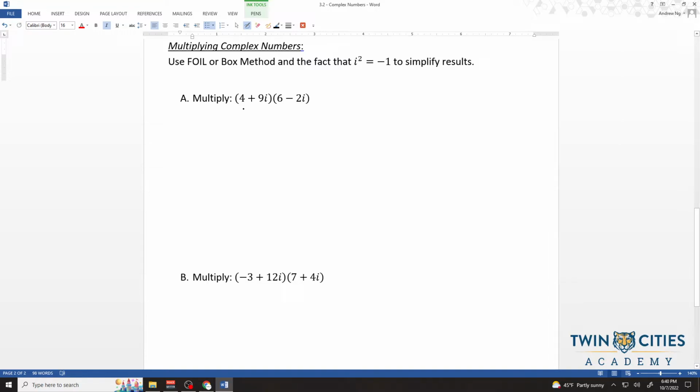Okay, so multiply 4 plus 9i times 6 minus 2i. So I'm going to set up a box. And in this box, I've got 4 cells. Along the top, let's put 4 plus 9i.